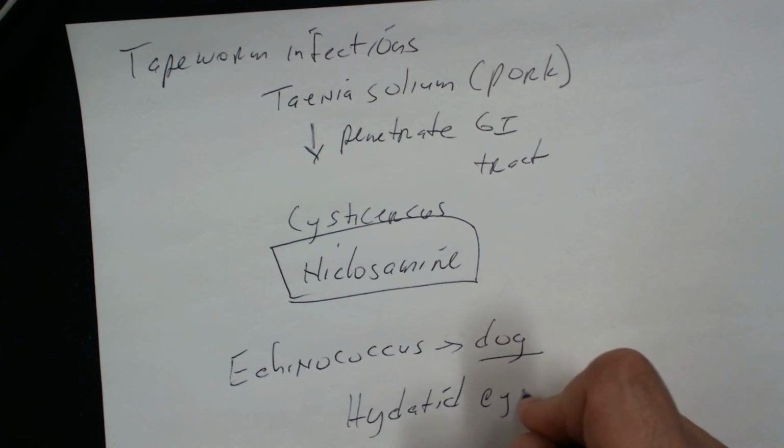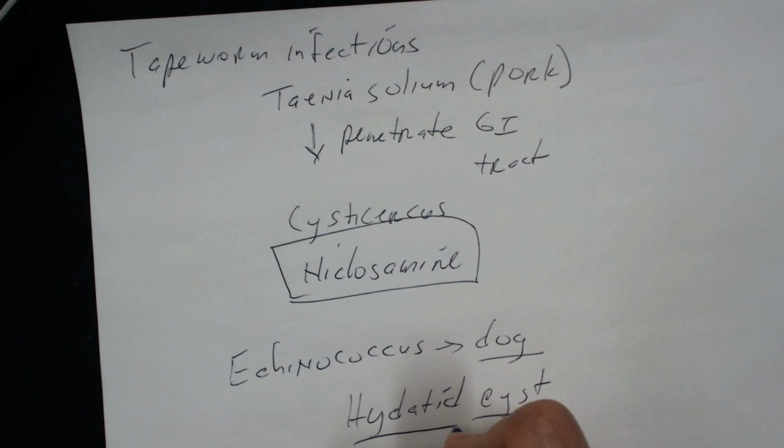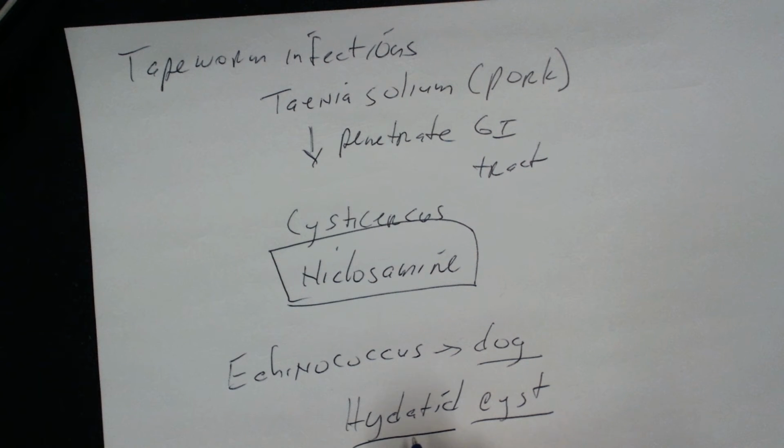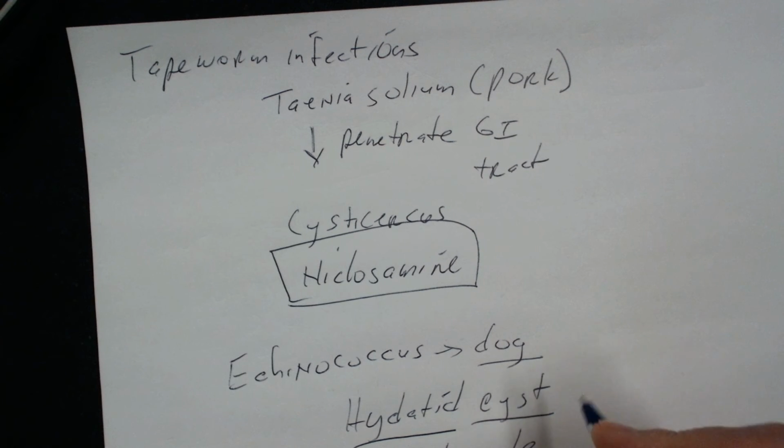And this disease, therefore, is called hydatid cyst. These will have to be surgically removed. You can regress them using the drug mebendazole. But you also are going to need surgery.